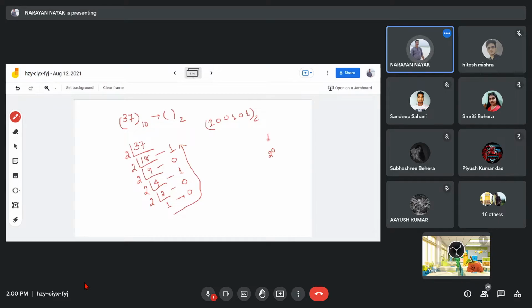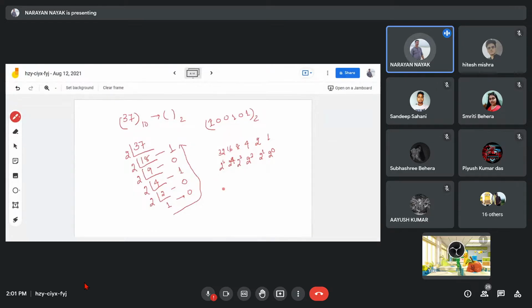It is 1. 2 to power 1 is 2. 2 to power 2 is 4. 2 to power 3 is 8. 2 to power 4, sorry, is 16. 2 to power 5 is 32. Clear?